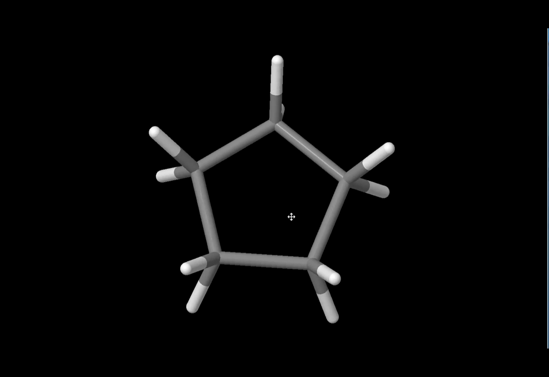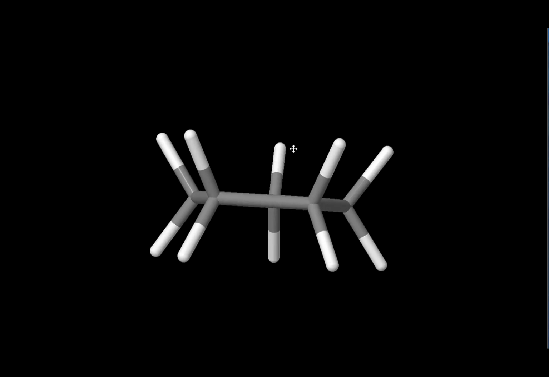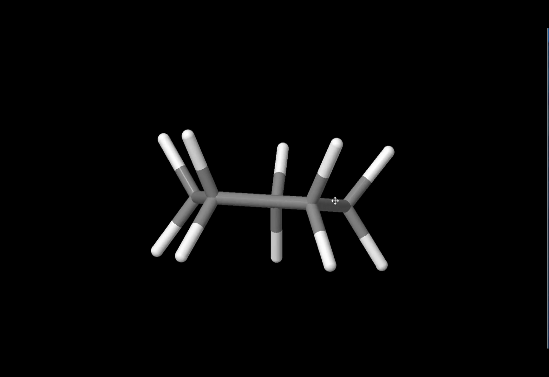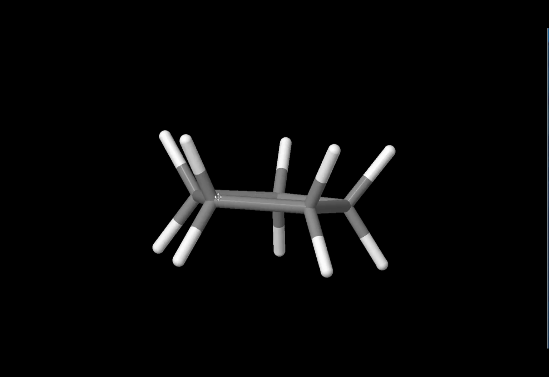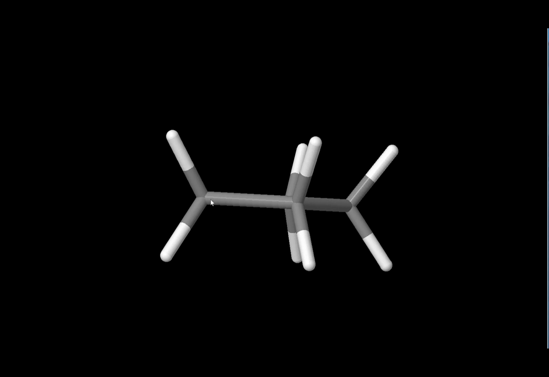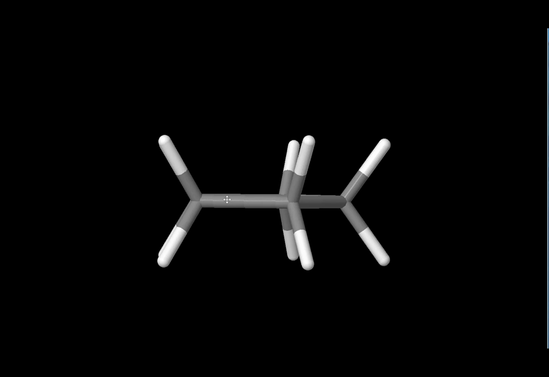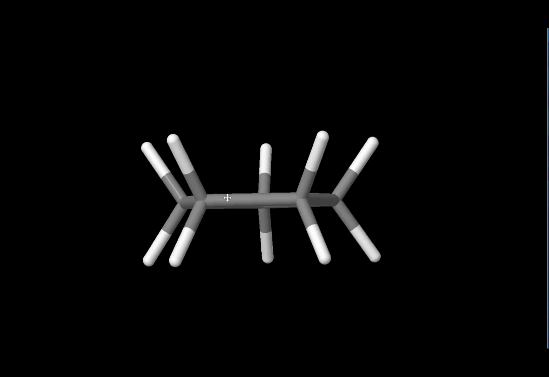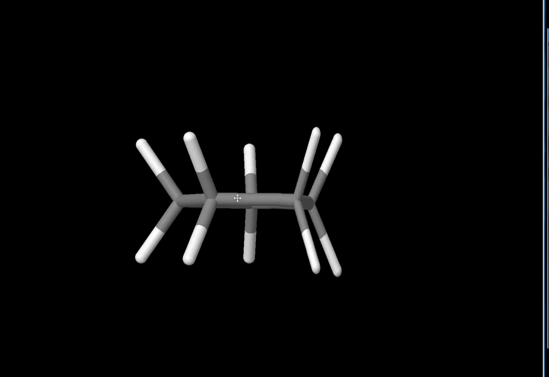If you took it over and rotated it on its side though, if it really adopted this conformation, you could see that down these carbon-carbon bonds right here, these H's are eclipsed, right? And if we rotated this around, we end up seeing eclipsed on every single atom, right? So all those H's would be eclipsed.